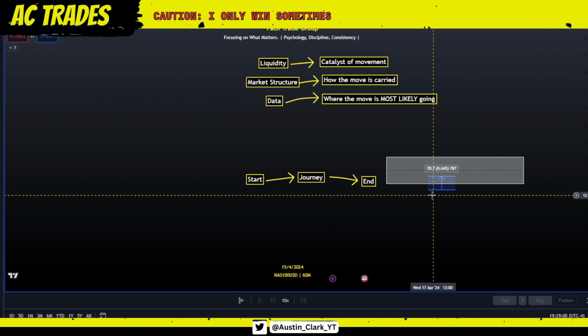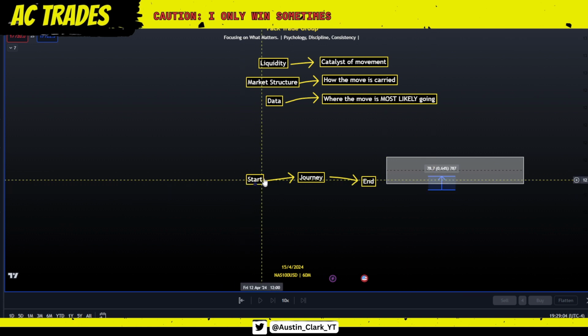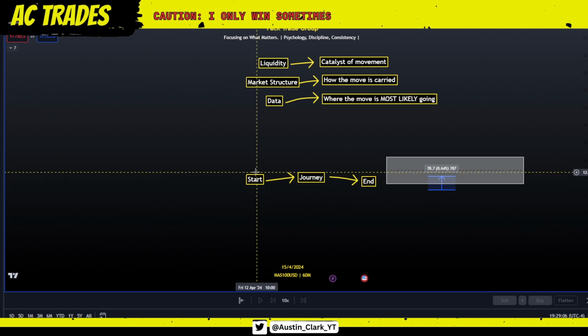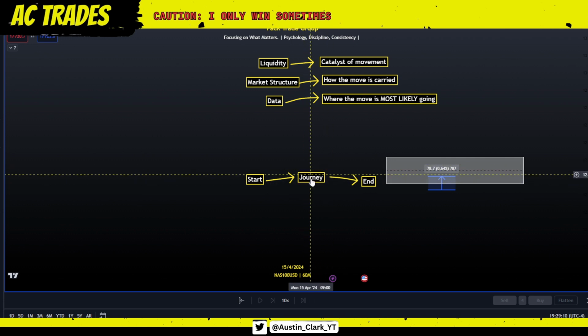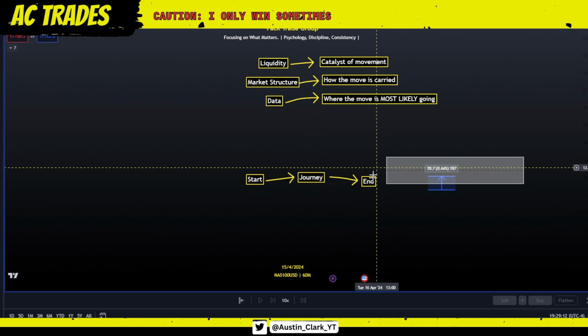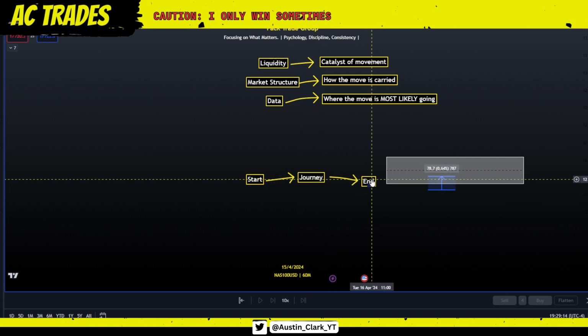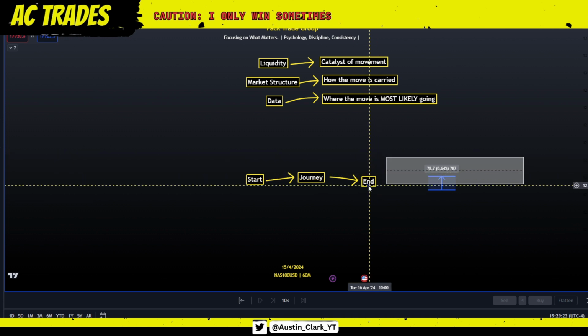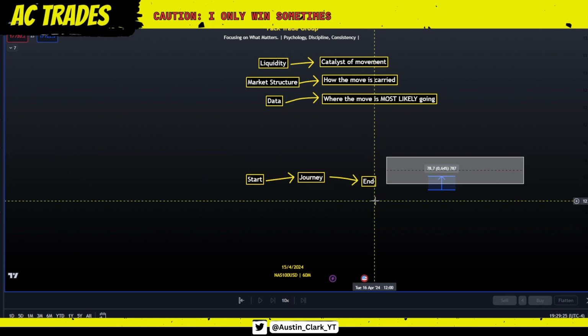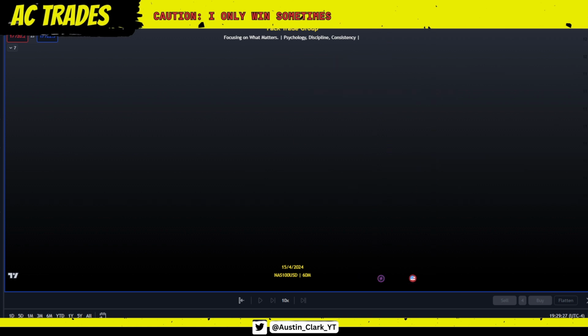But if you only stick to one lens, one way of viewing the market, find out the start of where price is going to start, the catalyst, find out how to read the journey, and then where price is most likely going to end up from a statistical point of view that no one can argue with, an objective lens that is not subjective in the slightest, you get a beautiful edge. You get a beautiful way of reading the markets.